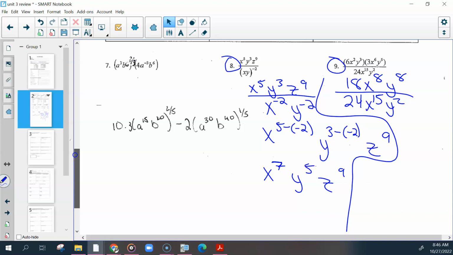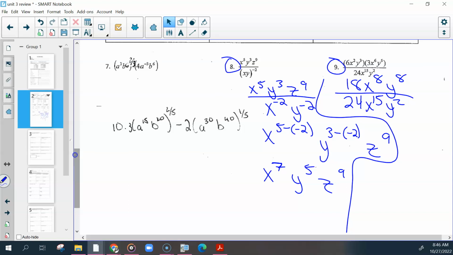See if it can be simplified. We can divide both of these by 6. Subtract your exponents. 8 minus 15 would give us negative 7. 8 minus 2 would give us 6. The x would get moved down.